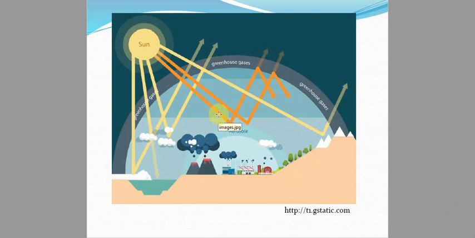Here you can see that different thermal power plants or other activities are going on which are sending pollutants to the atmosphere. So what is the effect of these pollutants on the global warming? So let's see further.